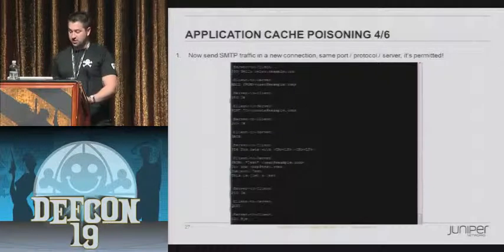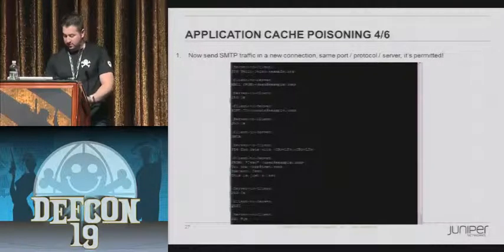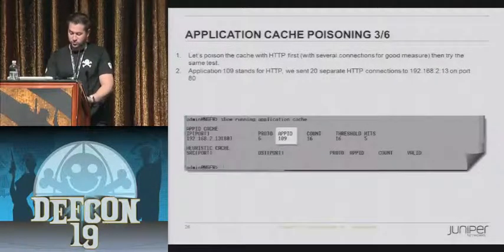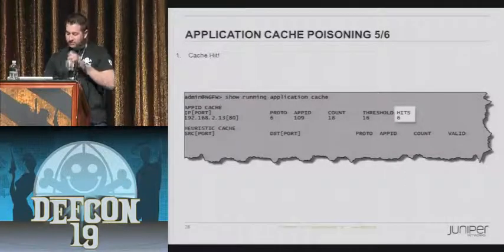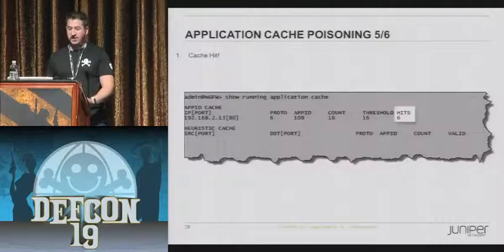It worked just fine. The reason is because it identified that traffic on TCP port 80 on the server, which is 192.168.2.13. Anything that goes over there until this cache entry times out is going to be considered HTTP, even though it isn't. And we can see here that we're getting cache hits every time.